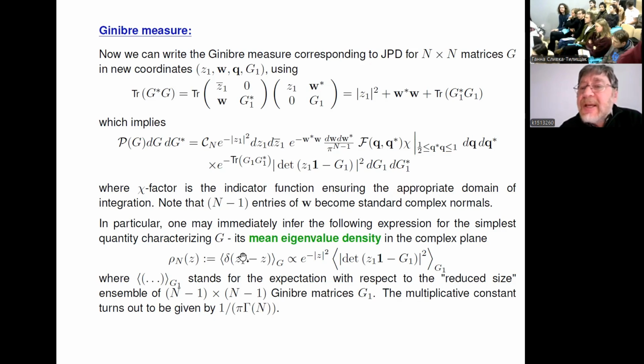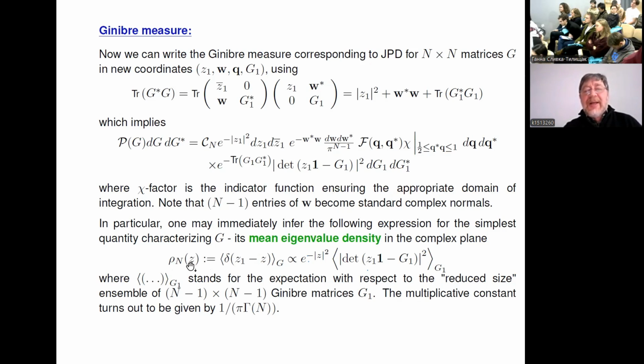I'm sorry. Yes? I have a question. In this formula, is there the modulus z squared in the exponent, or should there be modulus z1 squared? It should be z here also, because, you see, it's a misprint.